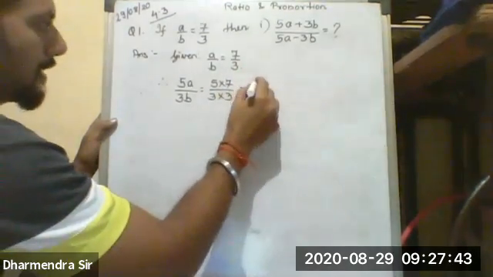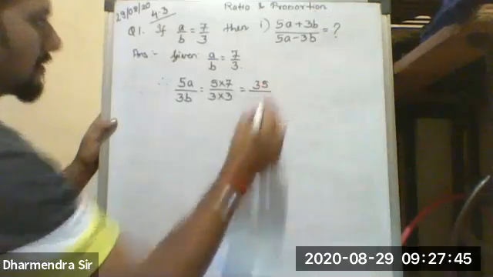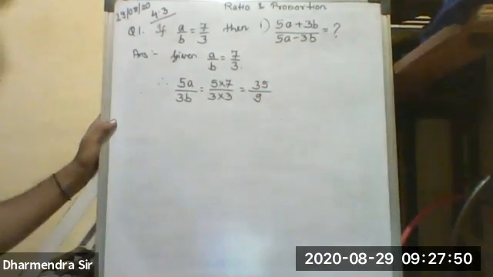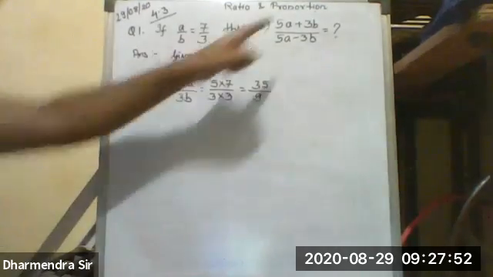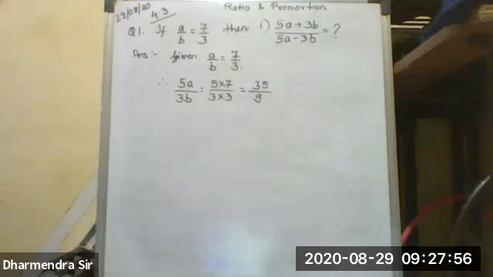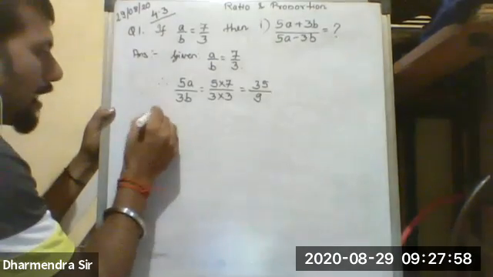So 5 sevens are 35, and 3 threes are 9. Now we're having addition in the numerator and subtraction in the denominator. So by componendo and dividendo.